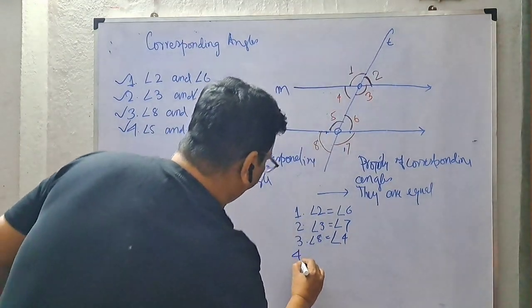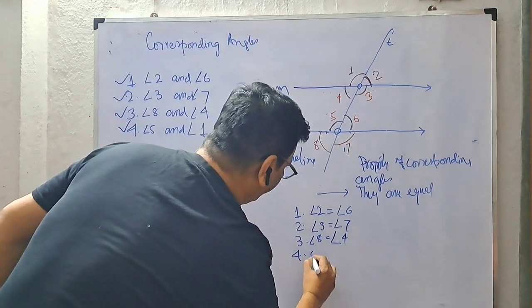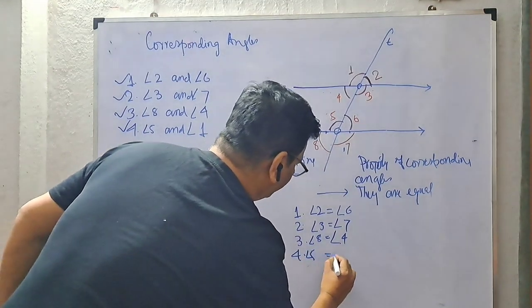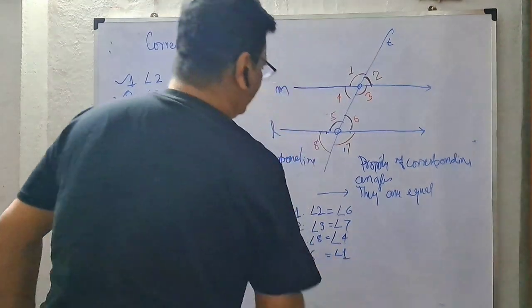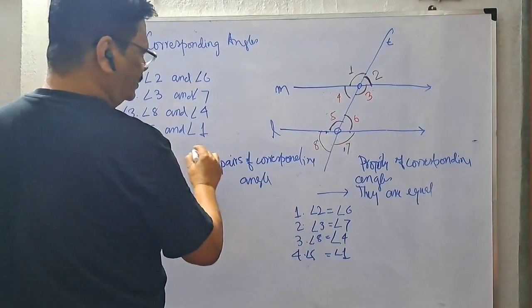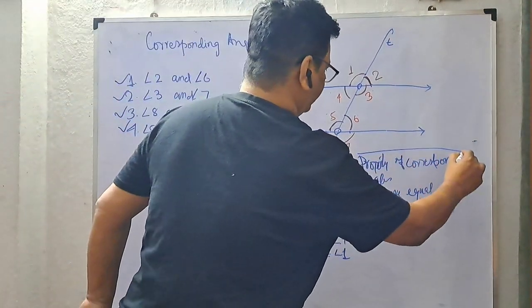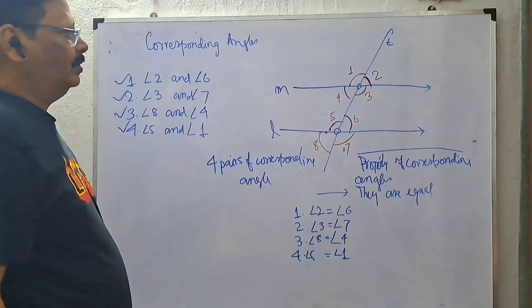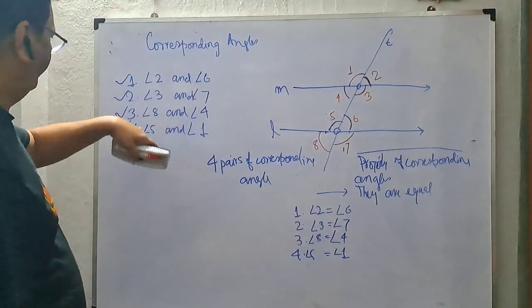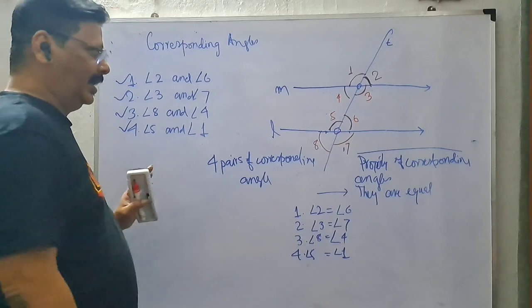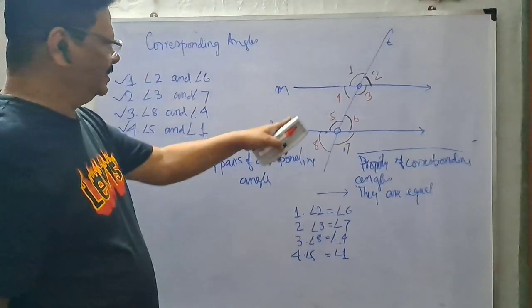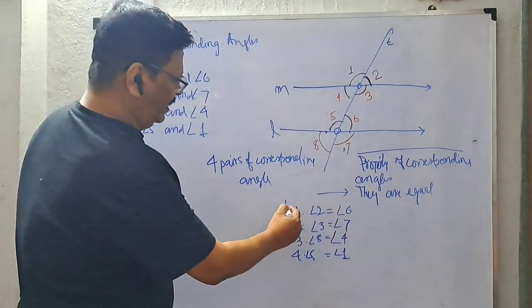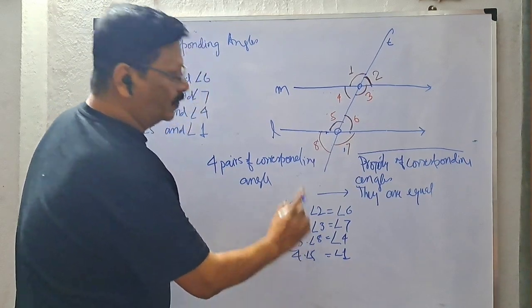And number 4, angle 5 is equal to angle 1. Right? So we get 4 pairs of corresponding angles, and the corresponding angles, as I have mentioned, are equal.